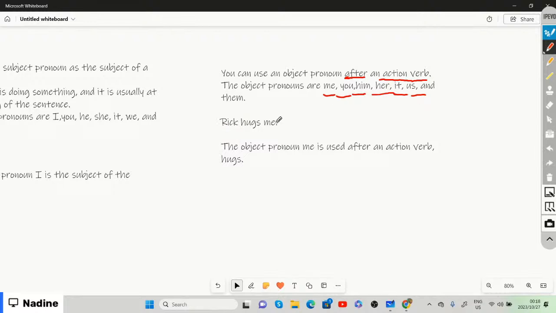The object pronoun, which is me, is used after an action verb, and the action verb is hugs.